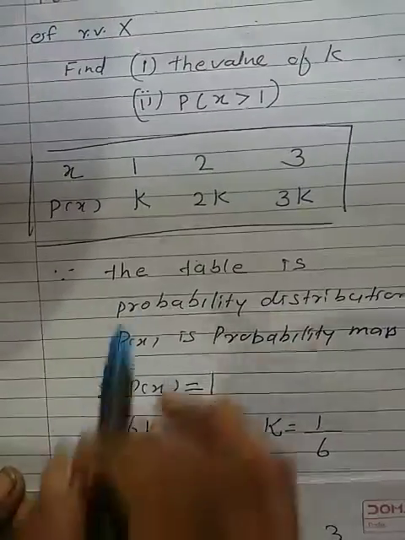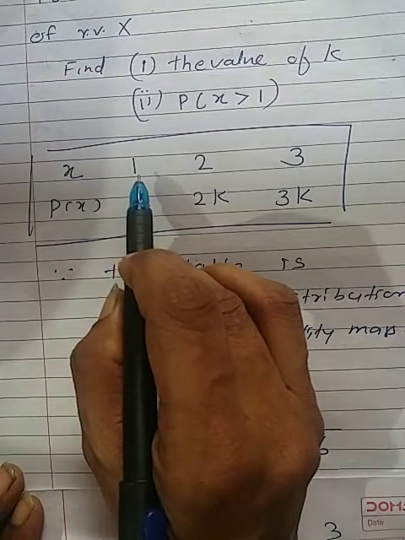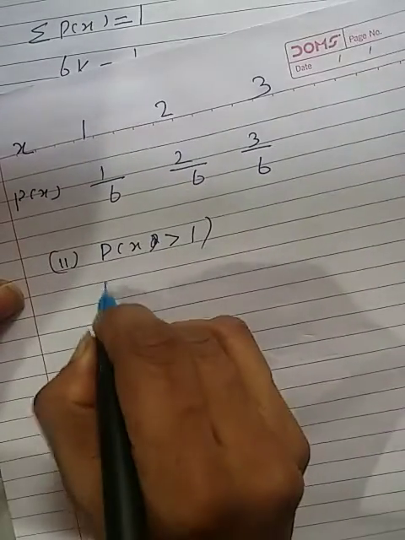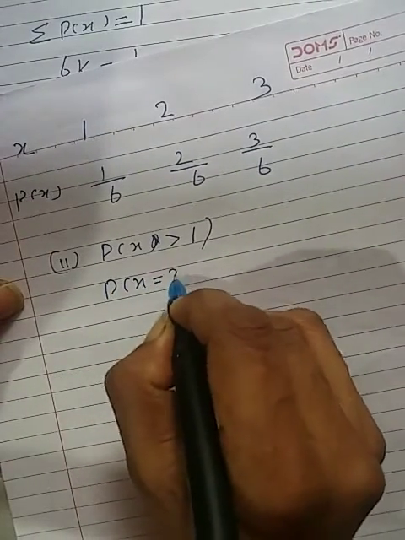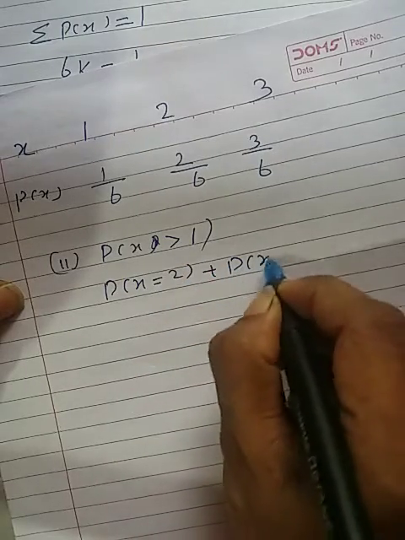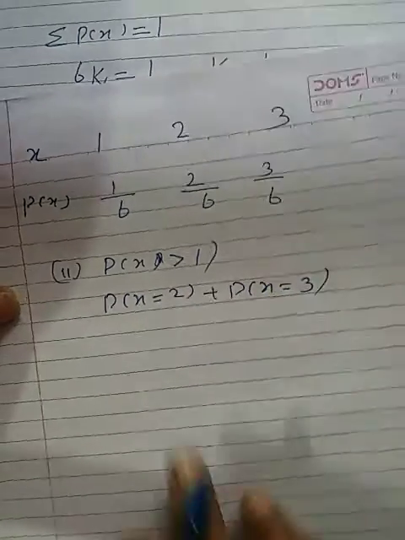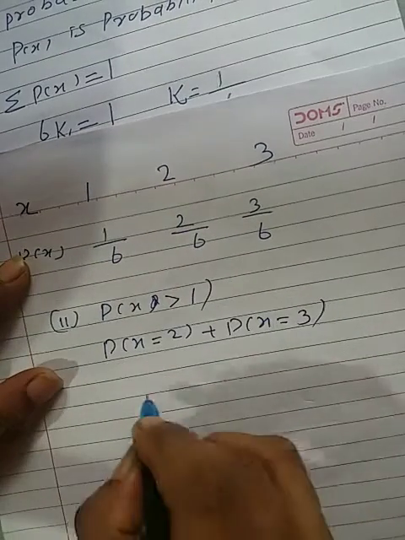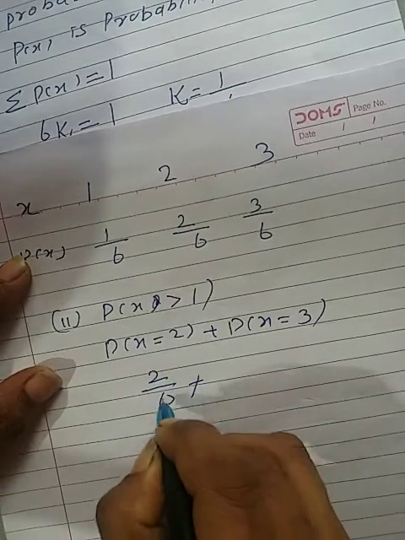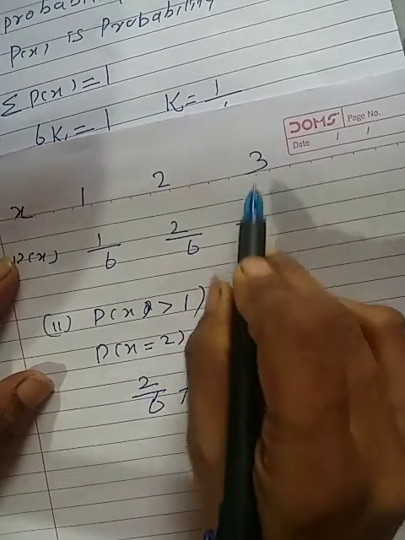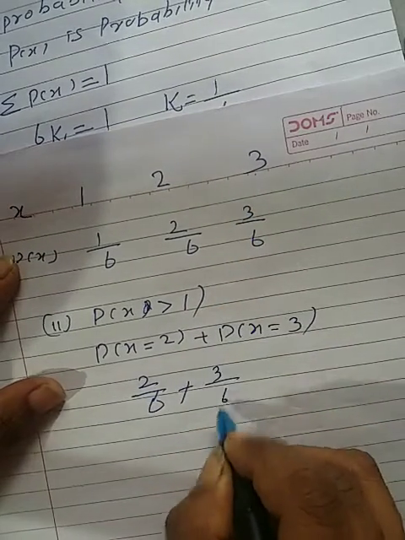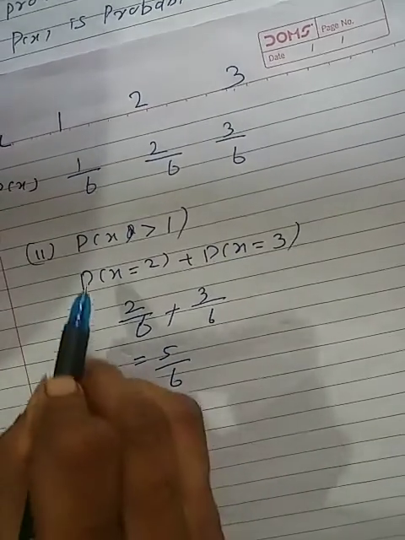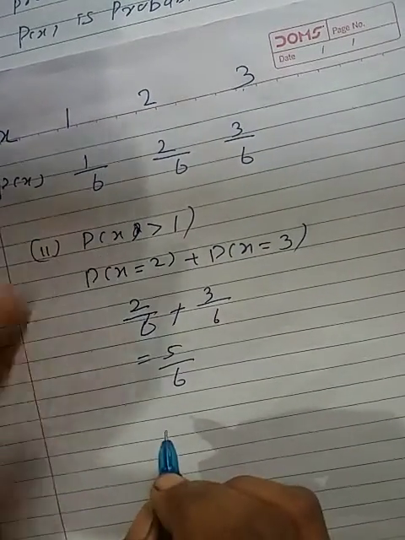That is, for values greater than 1 we have to find out. X greater than 1 means x equal to 2 and 3. That is P of x equal to 2 plus P of x equal to 3. At x equal to 2, we got 2 upon 6. At x equal to 3, we got 3 upon 6. That is 5 upon 6. So P of x greater than 1 is 5 upon 6.